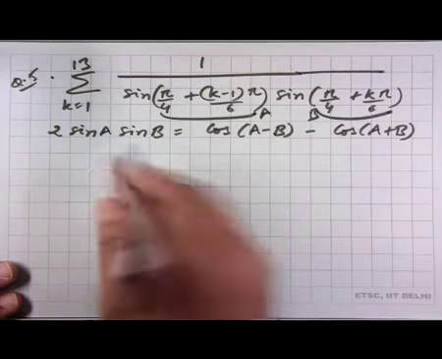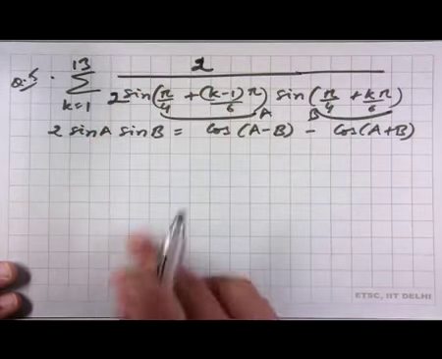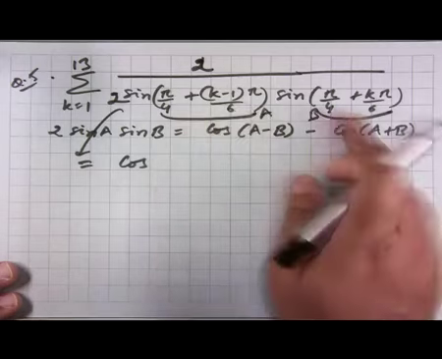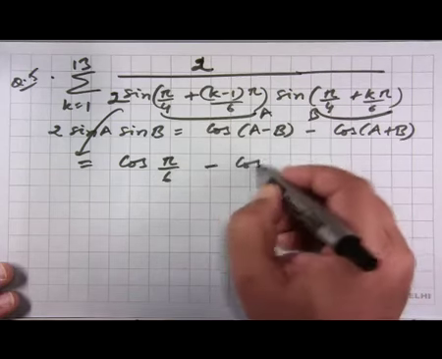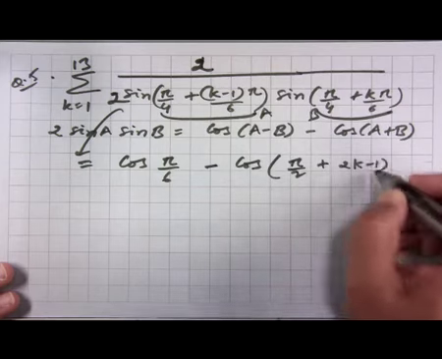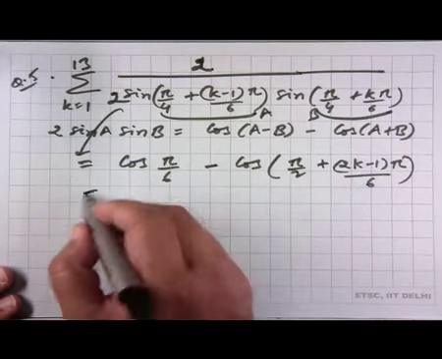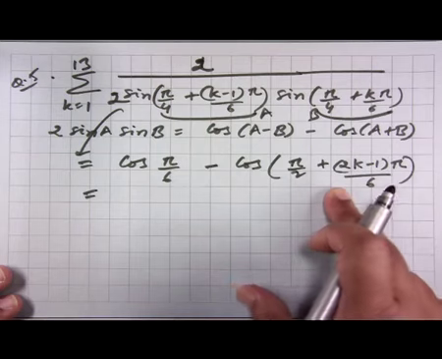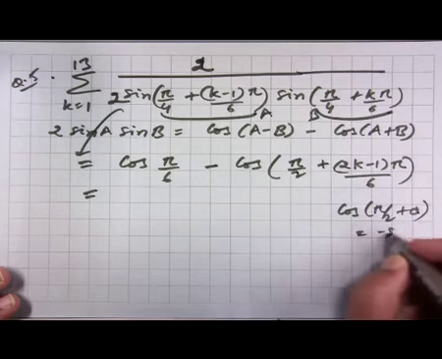But we also need a factor of 2 here. So, we multiply both the numerator and the denominator by 2, and then this denominator is simply equal to cos(A − B) − cos(A + B). Here cos(A − B) is going to be cos(π/6), and cos(A + B) will be cos(π/2 + (2k − 1)π/6). And we know that for any θ, cos(π/2 + θ) is −sin θ.